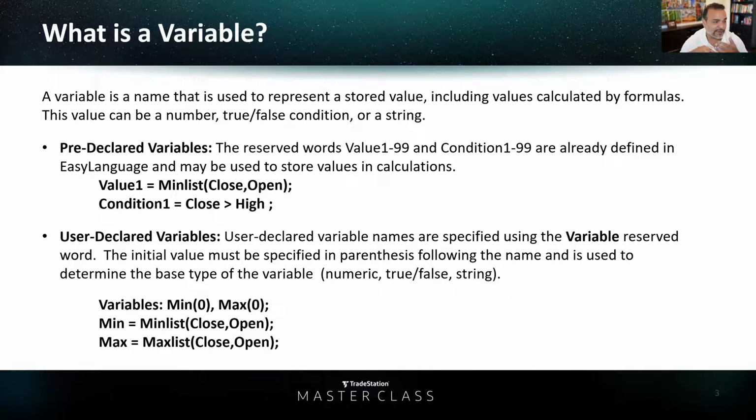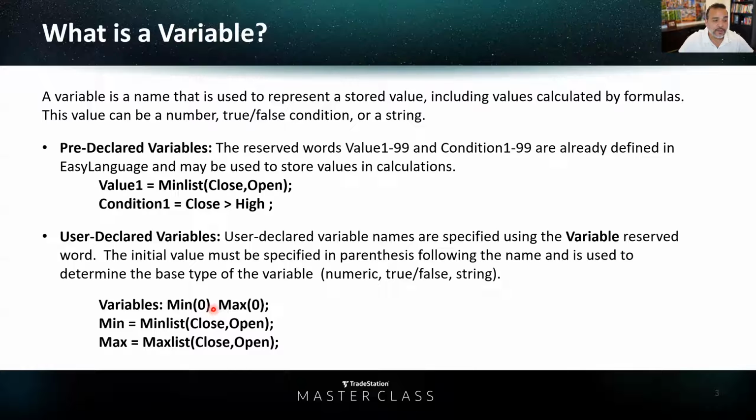Is it a numeric variable? Is it a true false variable? Or is it a string variable? And they're actually initialized differently. If you look at the very first example, let me go ahead and turn on my laser pointer. Like over here, there's a declaration line that says variables, colon, and then it's going to list the variables.